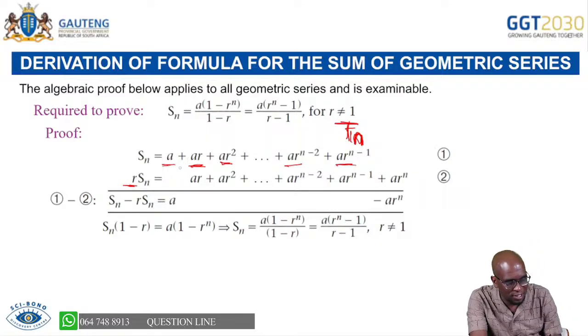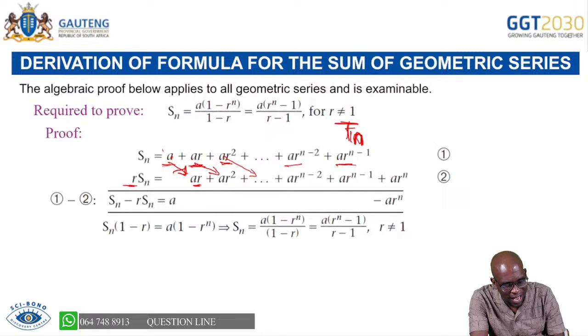So if you multiply a by r, you get ar. If you multiply ar by r, you get ar squared. If you multiply ar squared by r, you get ar cubed.